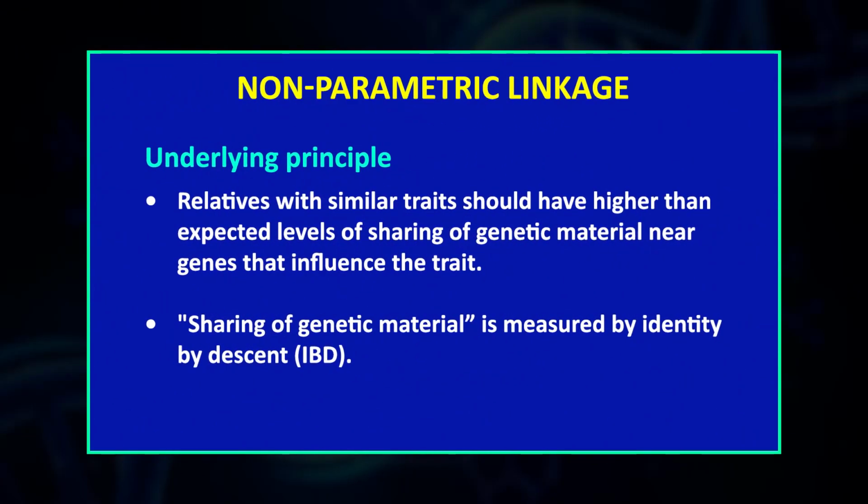Non-parametric linkage analysis in turn studies the probability of an allele being identical by descent with itself. The model specifies parameters such as inheritance pattern, gene frequency, and penetrance of the disorder.